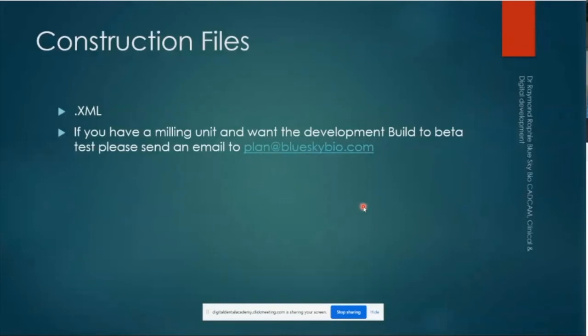However, the crown and bridge module is planned to remain at zero cost forever. So if you're using the CAD module in Blue Sky Plan, it will remain free for good.